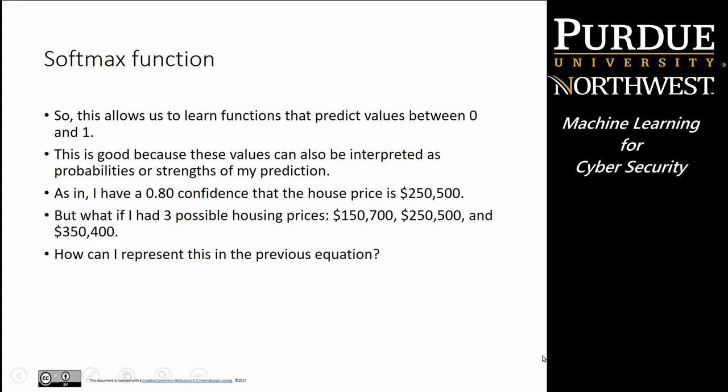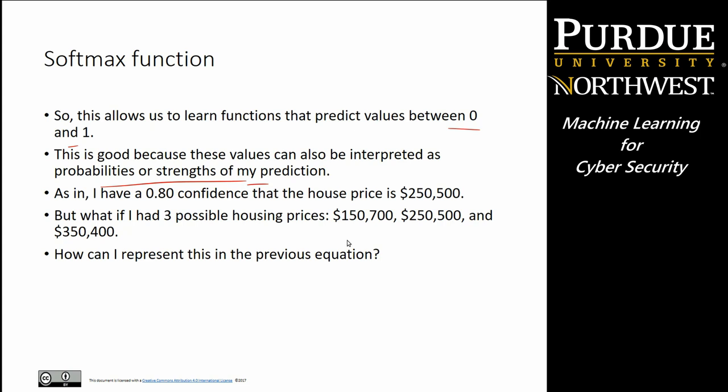So the softmax function, this function, allows us to learn functions that predict values between 0 and 1. And this is good because these values can also be interpreted in a way as probabilities or strengths of my prediction. All right? Because now instead of giving it the housing prices, you're just going to give it the equivalent interpretation of that. So instead of me giving you 250,000 or 150,000 or 400,000, you simplified it by saying, I'm going to give you the high price, 400,000, so that's 001.